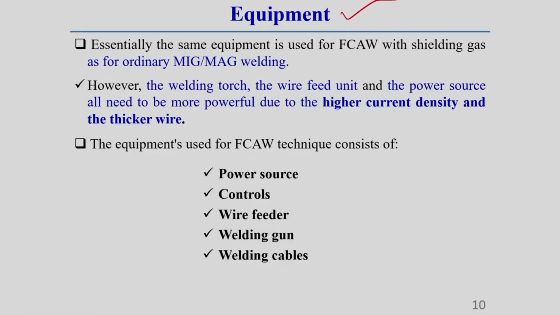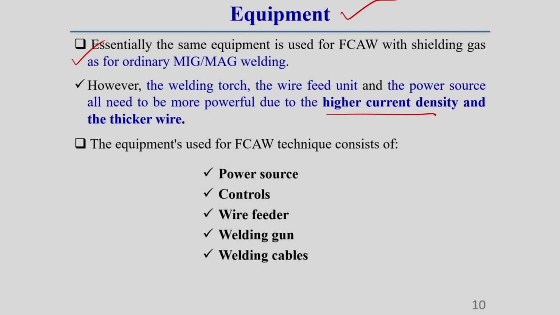Now the equipment of this welding process is essentially the equipment used in MIG or MAG welding, the same type of equipment is used, but here the welding torch, the wire feed unit and the power source all need to be more powerful, because we generally use comparatively higher current density as well as thicker wire.